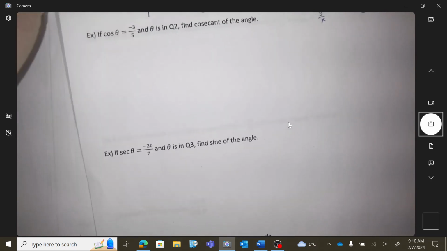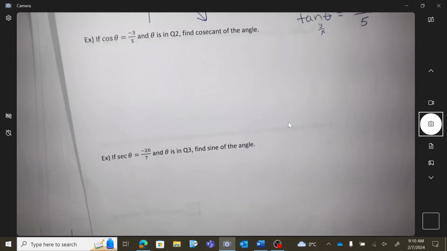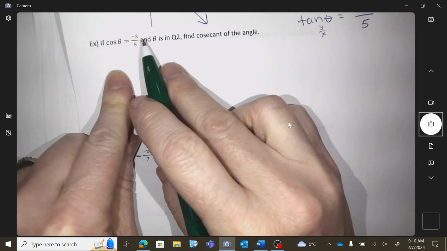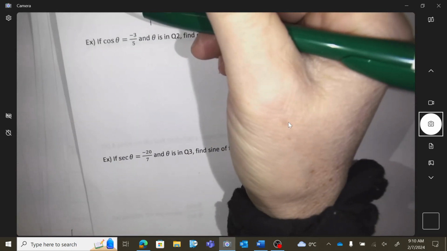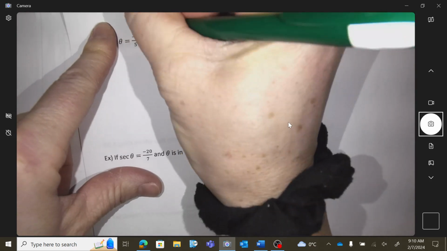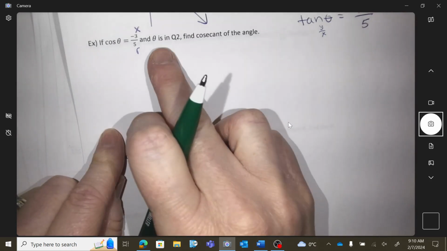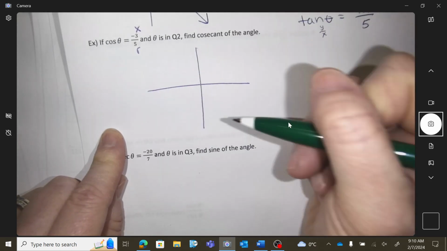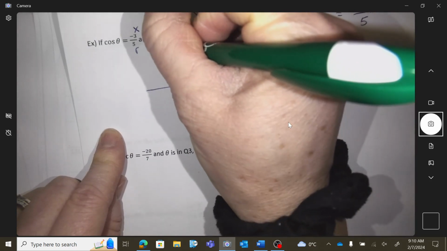Okay, here we go. We were given a cosine ratio. So right away, what letters do I put here? What are cos's letters? Got them memorized? So you're really cute. X rated. And we're in quadrant 2. So where's quadrant 2 if you were to draw it?